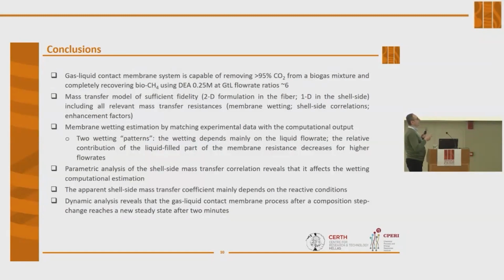And the parametric analysis affects the wetting computational estimation, and this can also be used for experiment design: the observable cell side mass transfer coefficient and the K external, the overall mass transfer coefficient, mainly depend on the reactive conditions. We did a dynamic analysis to show how this can be used in dynamic simulation.